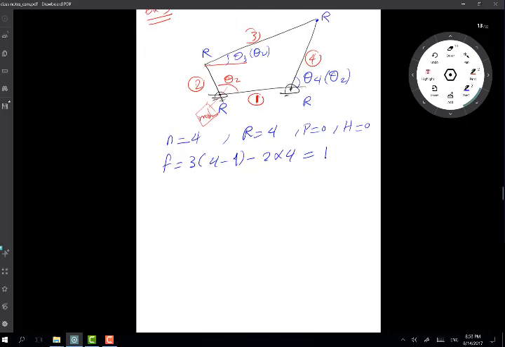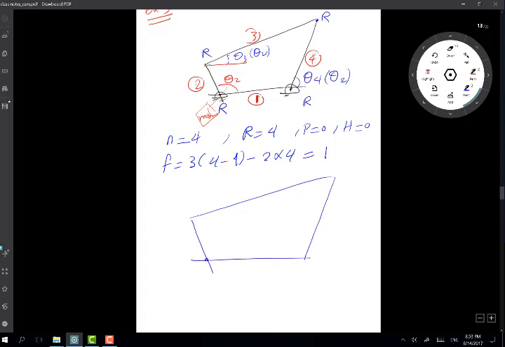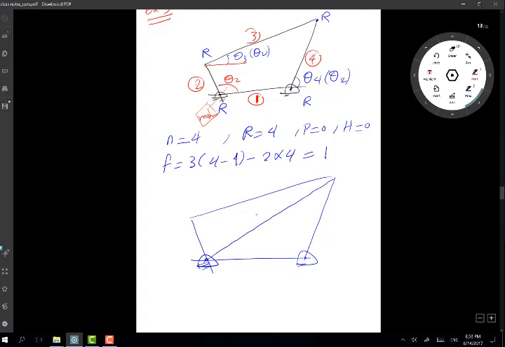All right, so now I'm going to add something to this specific linkage. I'm going to have another link. Let's say this link here will be link number 5.